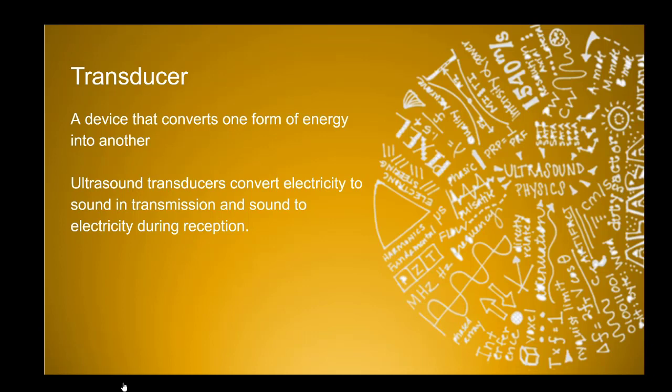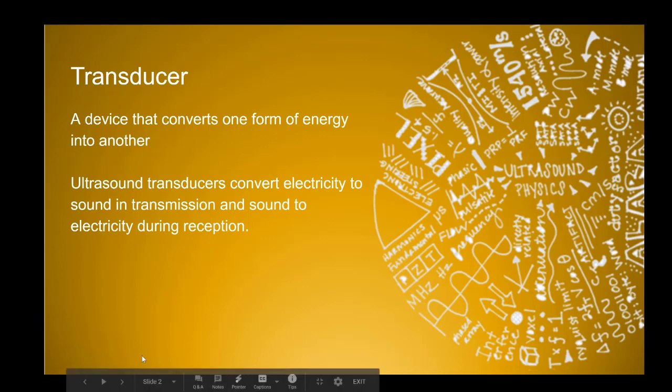Again, chemical energy into kinetic energy. Transducers are the same thing. They get electrical energy and make it into sound energy. Then sound energy comes back and gets transformed again into electrical energy. Transducers are anything that convert one form of energy into another, and that's 100% what our transducers are doing. Remember, it's electricity and sound being converted to one another.